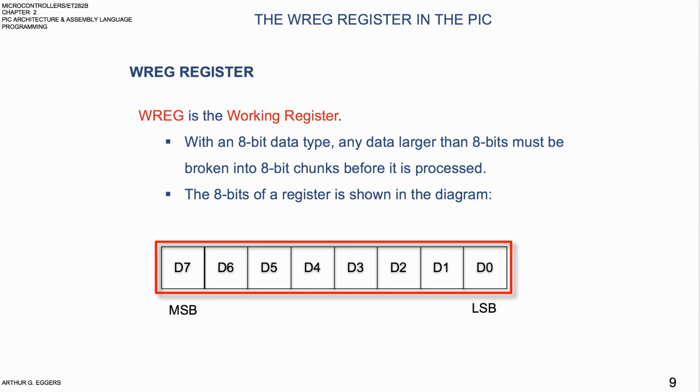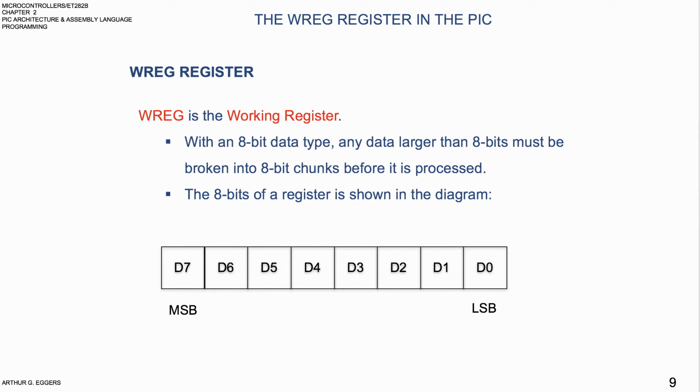The 8-bit register is the most widely used register in the PIC microcontroller. WREG stands for working register, and there is only one. This is the only place that you're going to move information in and out of temporarily to get the data to the registers that you want them to finally reside in to take action on them.